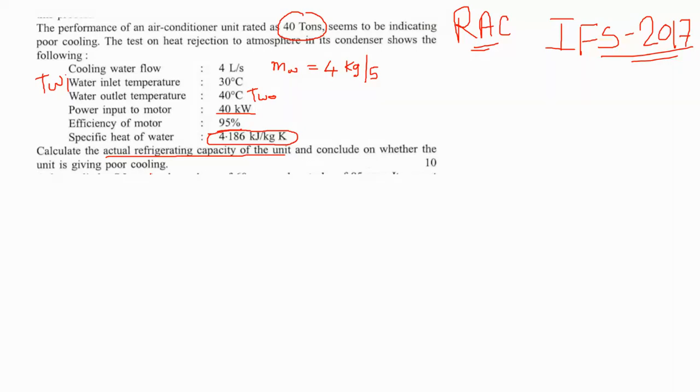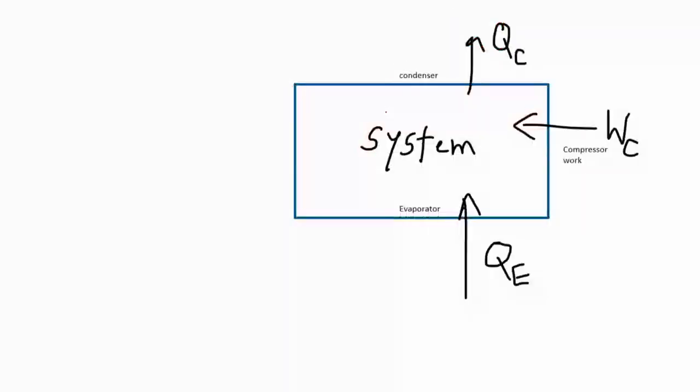So first see this diagram. This is the basic diagram of any air conditioning system. Here there is an expansion valve. Now let us consider this as one open system. Heat from the evaporator is entering into the system.